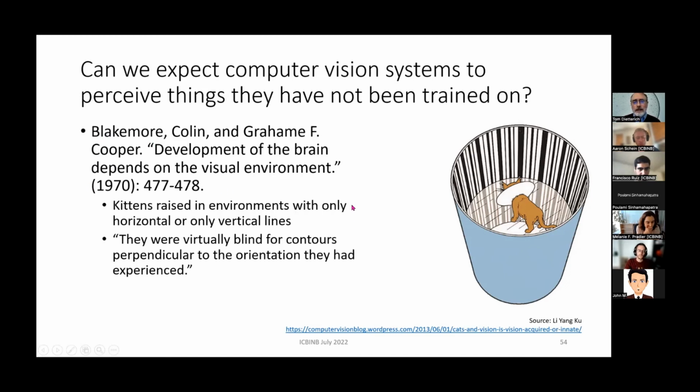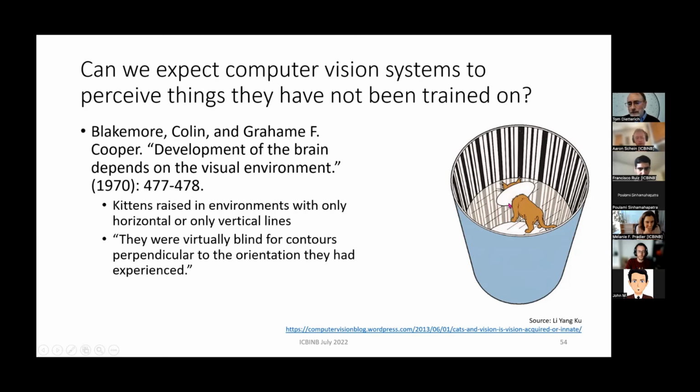They raised kittens in an environment where, for most hours of the day, the kittens were kept in the dark, but for I think 4 hours of the day, they were in a constrained environment where one group of kittens saw only vertical stripes. They even had a collar so they couldn't see their own body, so they would just see these vertical stripes.